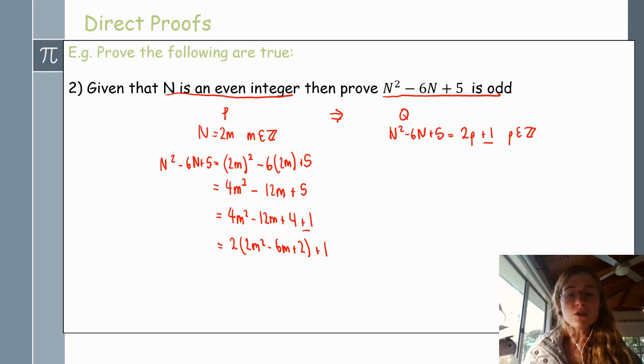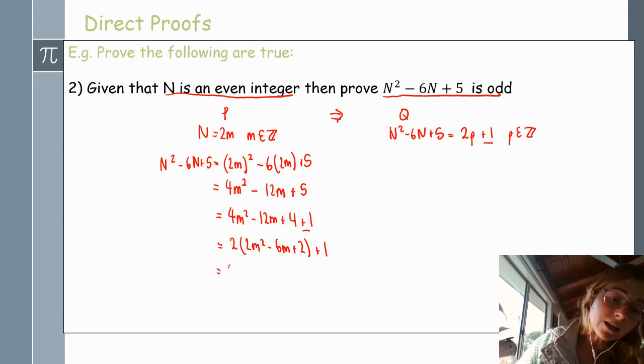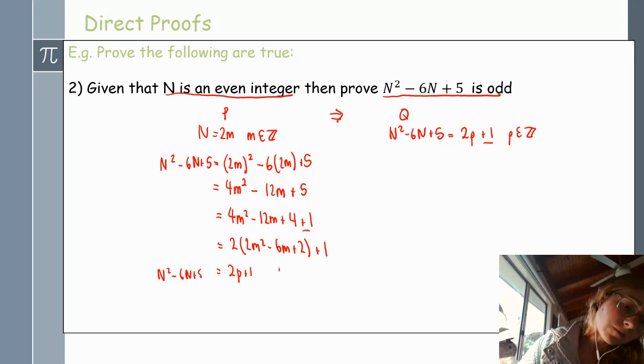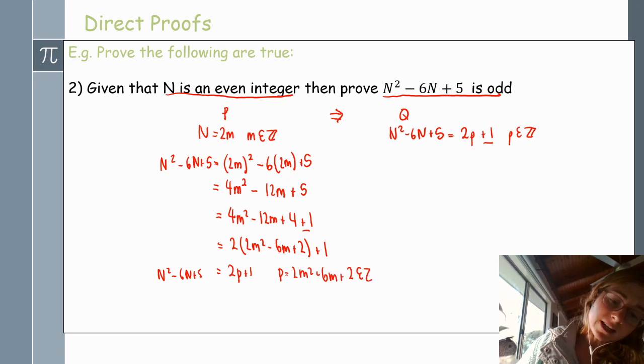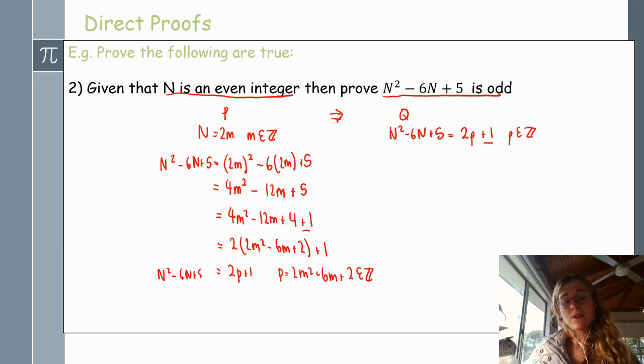So 2 times m is an integer squared, that will give me an integer. Minus 6 times m, integer, gives me an integer, plus 2, well, that's an integer, I'm going to get an integer. So this is really of the form 2p plus 1, where p is equal to 2m squared minus 6m plus 2, and that is within Z. So we've just shown that n squared minus 6n plus 5 is indeed odd if n is an even integer.